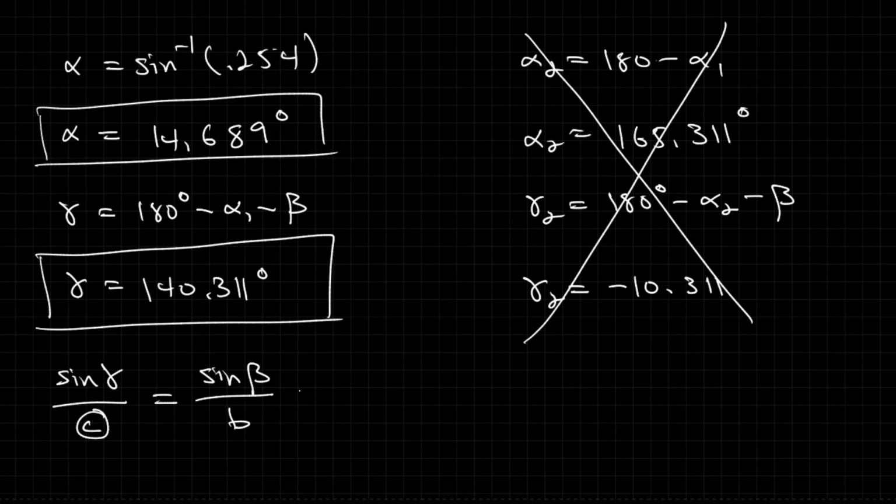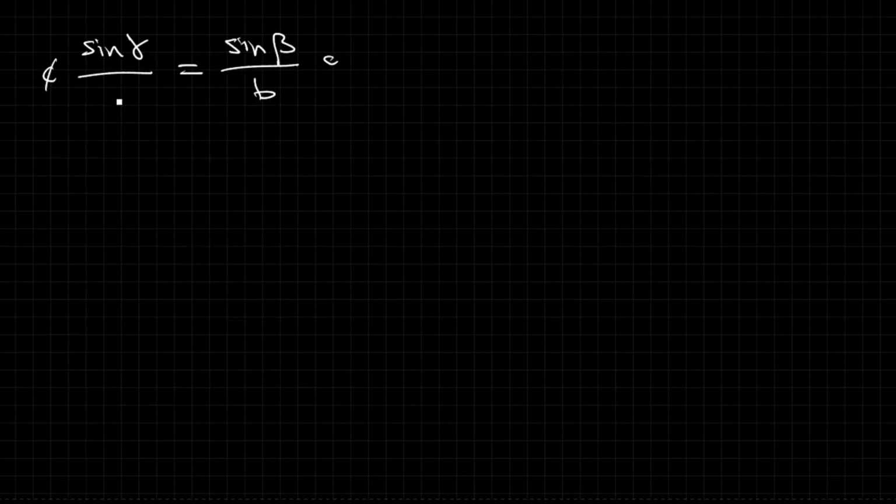Okay, we can solve for c. We can multiply both sides by c. These c's cancel. Then we can divide by sine beta and multiply by b. The b's cancel.